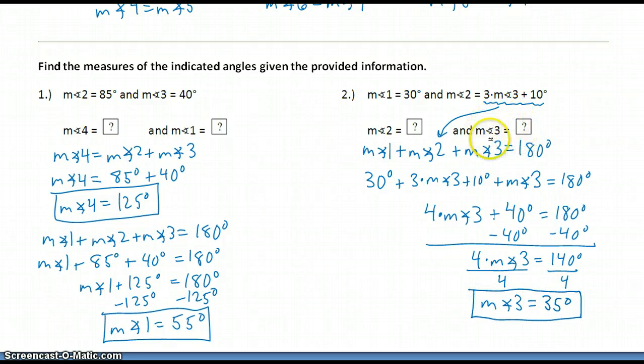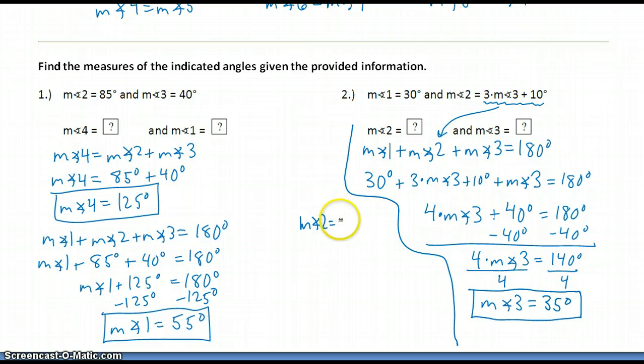So I figured out the measure of angle 3. I need to figure out the measure of angle 2. Well, I know that the measure of angle 2 is 3 times the measure of angle 3 plus 10 degrees. So to figure out the measure of angle 2, I want to use this statement. The measure of angle 2 equals 3 times the measure of angle 3 plus 10 degrees.